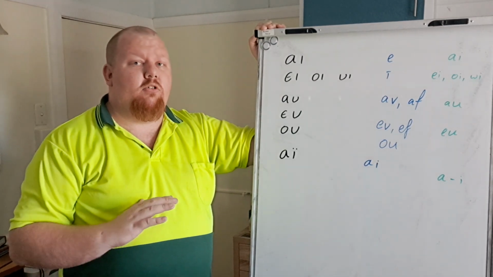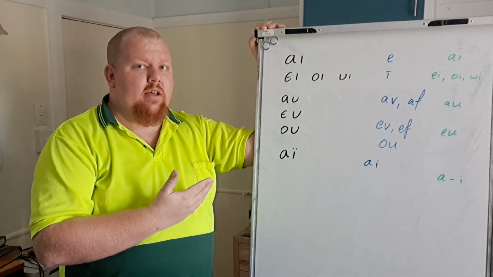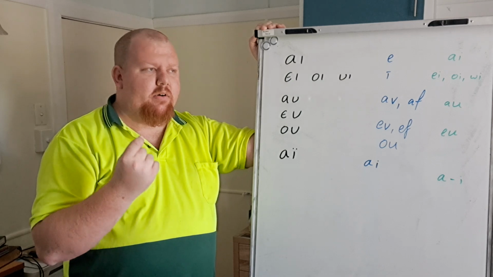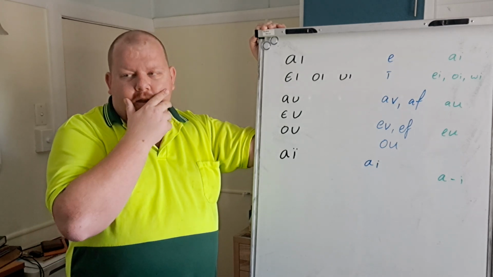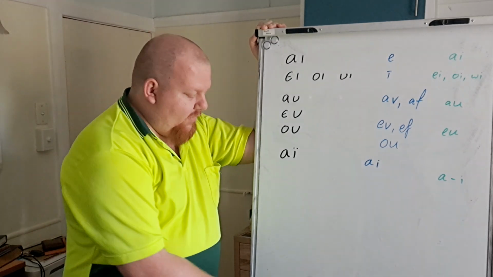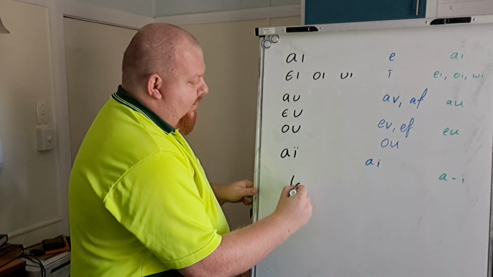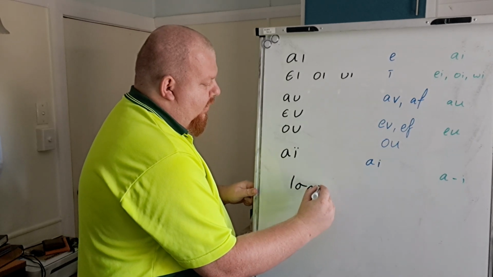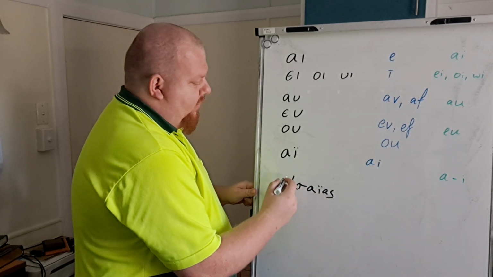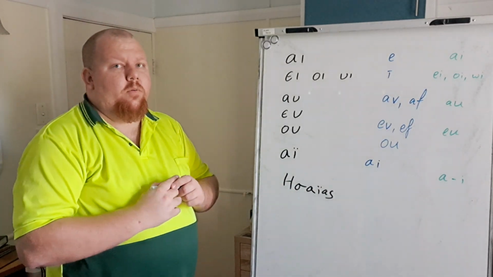It would put these two letters into a separate syllable. Okay, so a very easy example is the word for Isaiah, Isaias.